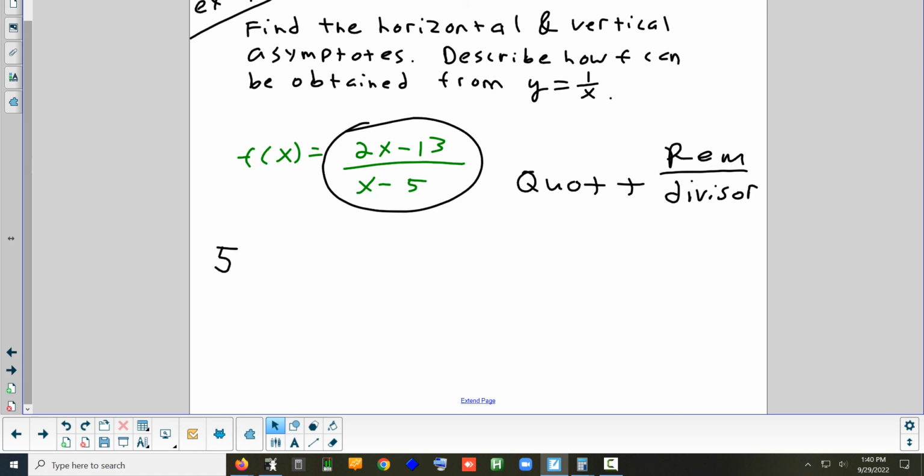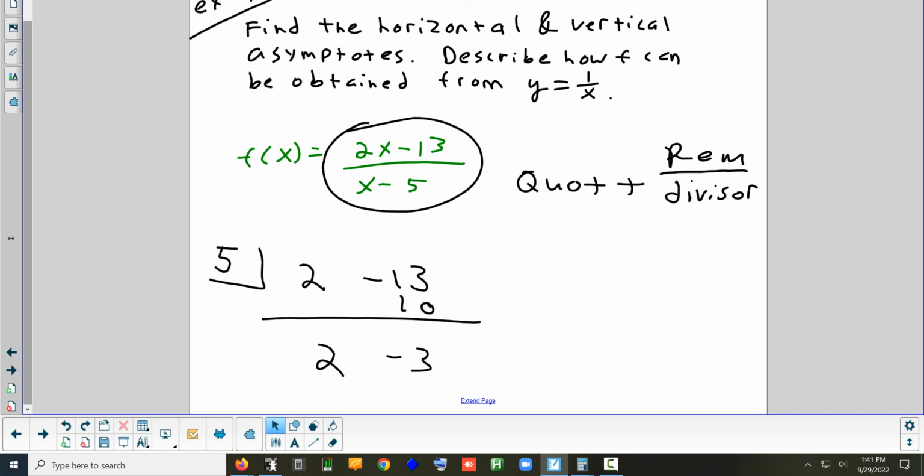Let's put 5 on the outside and let's divide this into that. I don't expect it to go evenly. I expect to get a remainder. So let's see what happens. Put 2, negative 13. It's going to be a very short synthetic division. Bring down your 2. 5 times 2 gives me 10. And 10 plus negative 13?